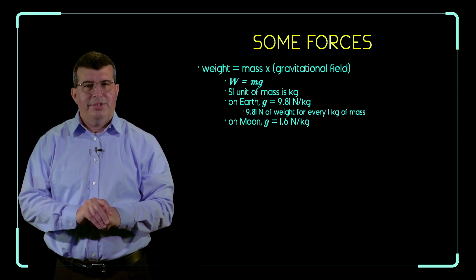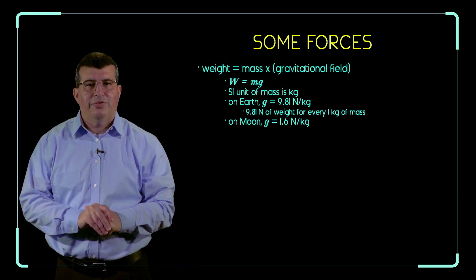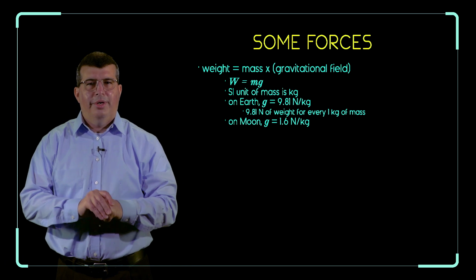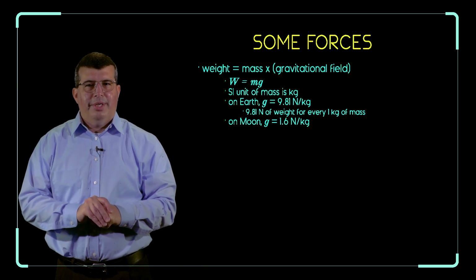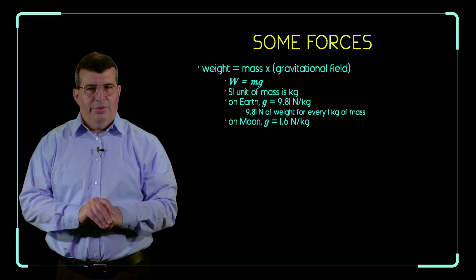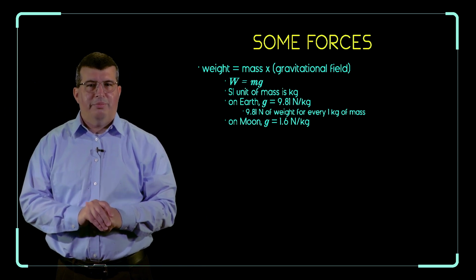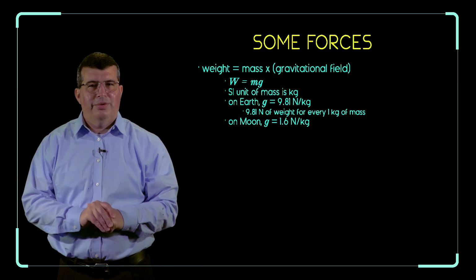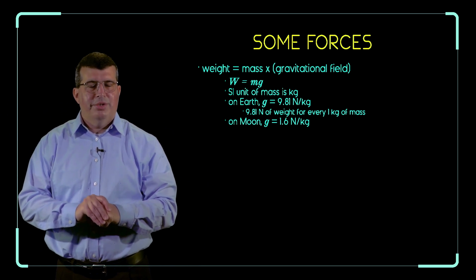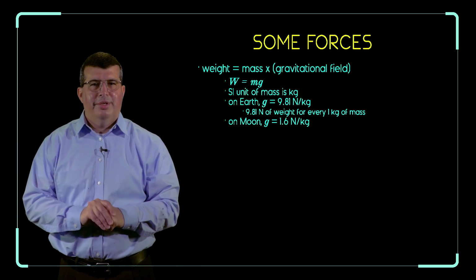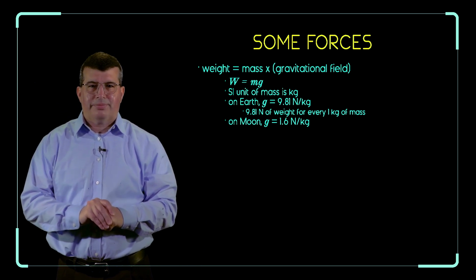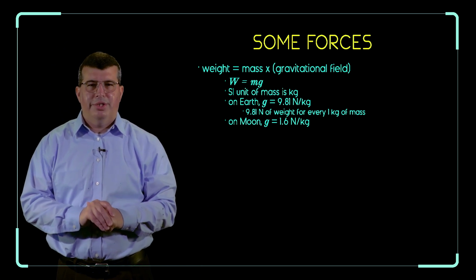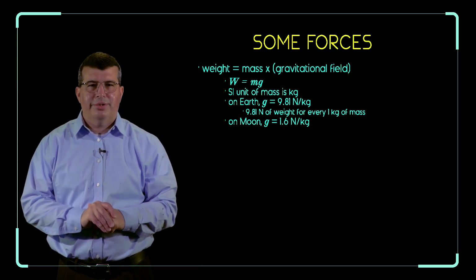It's about 1/6 of the gravitational field of the Earth. So on the Earth, the gravitational field is 9.81 newtons of weight for every kilogram of mass. On the moon, it is only 1.6 newtons of weight per kilogram of mass. So mass doesn't change, but weight does as you encounter different gravitational fields.